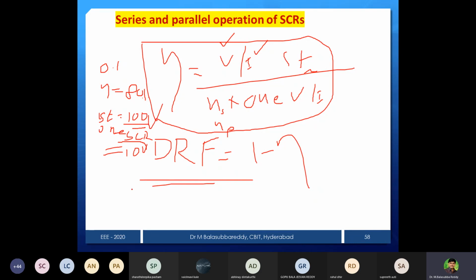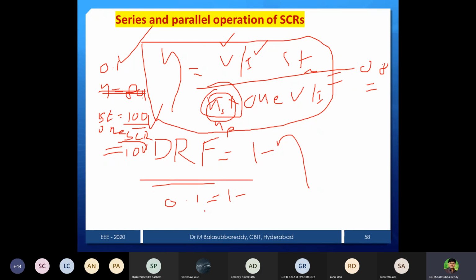Now we can easily find it. The derating factor is 0.1, which is equal to 1 minus the string efficiency given here. You can use this formula, and first you find the string efficiency is 0.8. In some cases the string efficiency is not given, only the derating factor is given; we can use this data directly to find the number of SCRs in parallel or in series, depending on voltage, which means series.